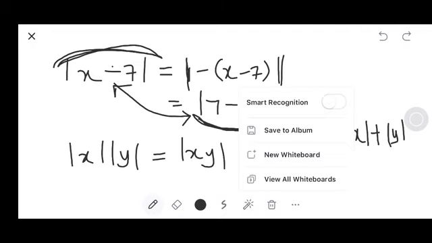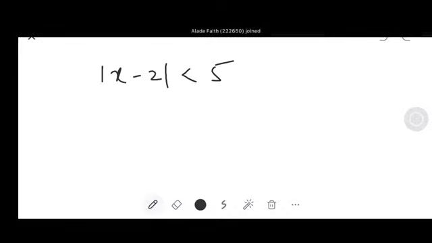So we are now going to go into the question of the day. First and foremost, when we have something like absolute value of x minus 2 less than 5, we all know that this is a single inequality question.